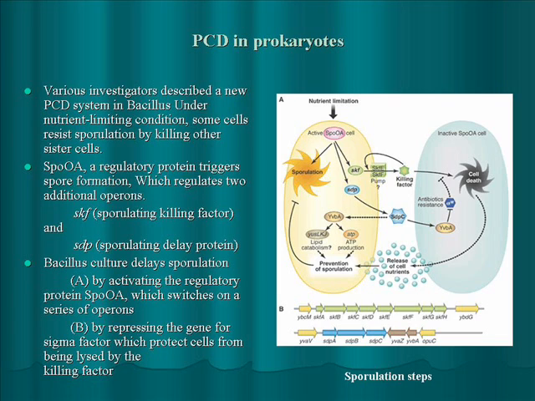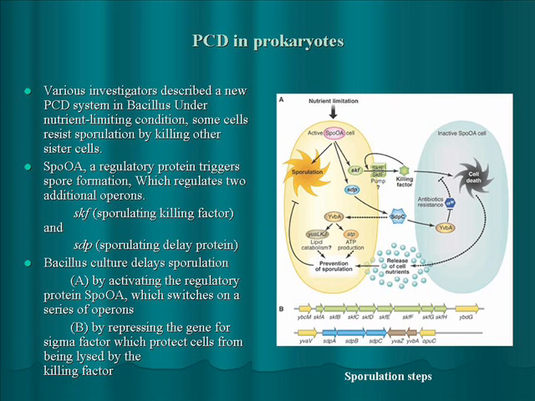SPO0A, which is sporulating factor A, is a regulatory protein which regulates two additional operons, namely SKF, which is sporulation killing factor, and SDP, sporulation delaying protein, that govern spore formation. The SKF operon is involved in the production of extracellular killing factor during sporulation.